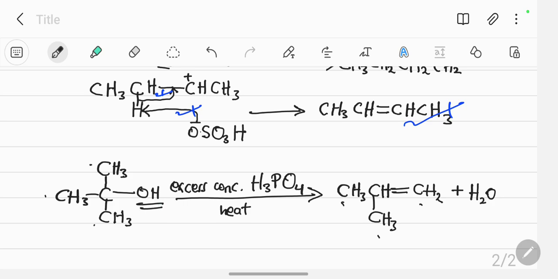So when I eliminated this and formed the water, we got 1 hydrogen atom from this upper carbon atom.